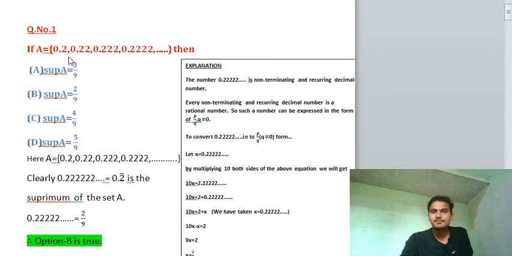If you observe the pattern among the elements of the set A, you can know what is the least upper bound of the set A. So please observe. The first element is 0.2 and the second element is 0.22. The third element is 0.222.